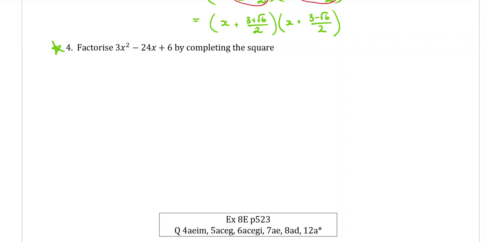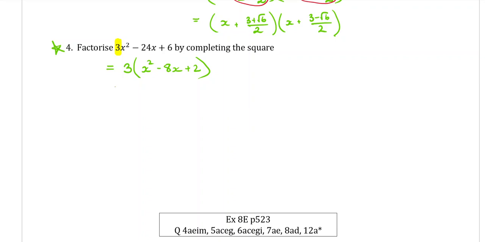Now, you never want to use the completing the square technique when you have got a number in front of your x squared, because you'll have all sorts of trouble trying to make a perfect square with a number there. So the first thing you do in this situation is factorize the 3 out, even if it means that you have to go to fractions inside your bracket. So that would leave me with x squared minus 8x and plus 2.